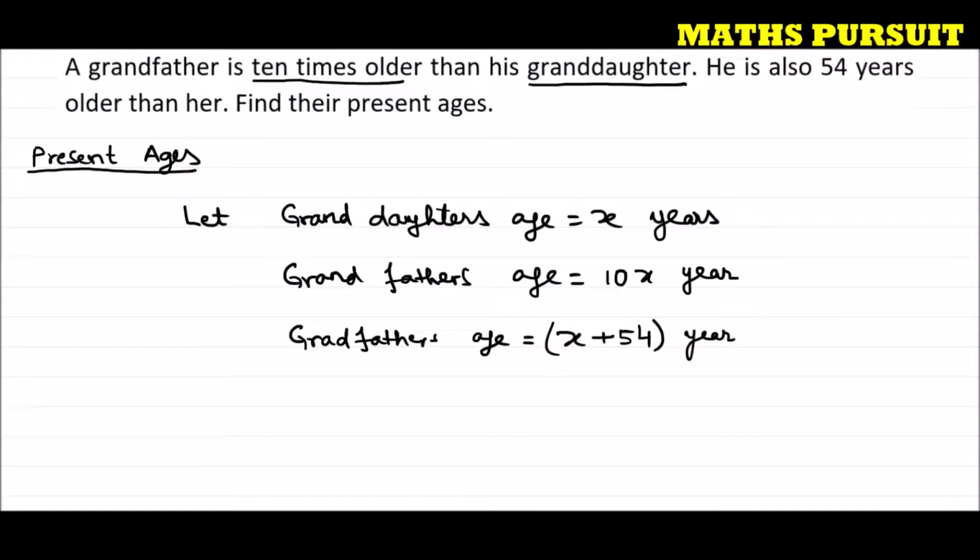How? Because for example, if someone's age is 6 years and I tell that I am 10 years older than him, so I can write 6 plus 10, that is 16 years. My age is 16 years.